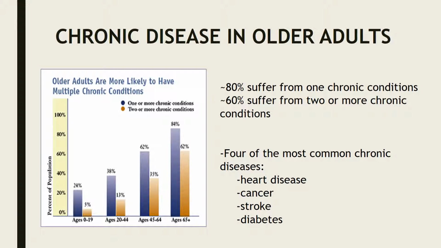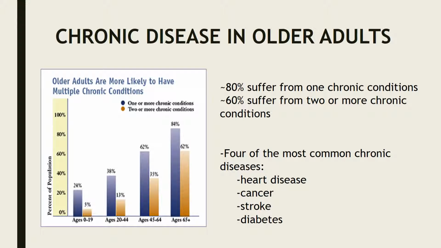One of the major reasons for the increase in the use of the healthcare system is chronic disease. As you can see in the graph on the right-hand side, of people ages 65 and older, around 80% suffer from one or more chronic conditions, and around 60% suffer from two or more chronic conditions.